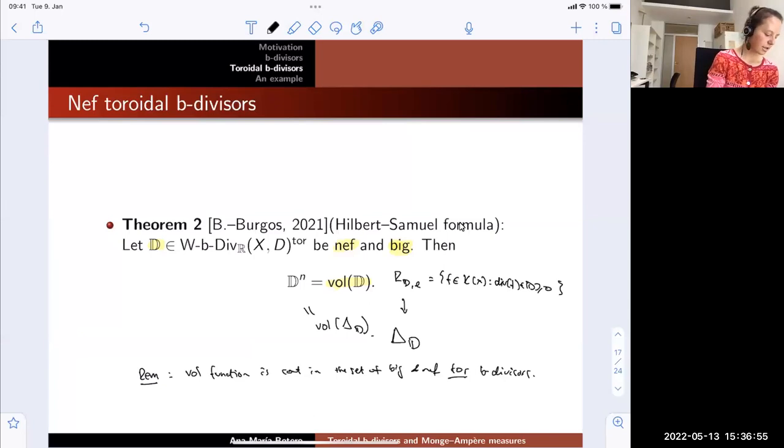This is not the case for non-toroidal ones. So this is something particular to the toroidal case, which turns out to be very useful, again, we will see this maybe in Jose's talk, for computing some asymptotic dimensions of rings of automorphic forms. But this is an important property that is satisfied in the toroidal case and not in the non-toroidal case.